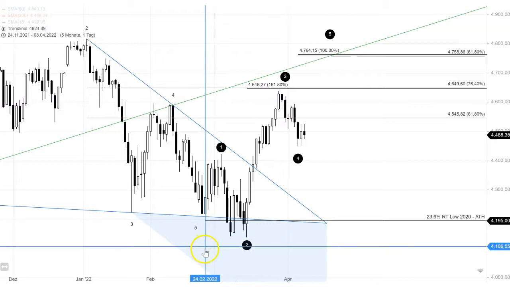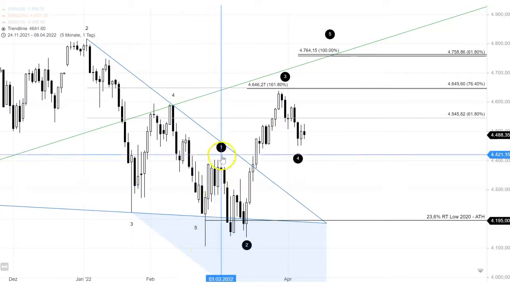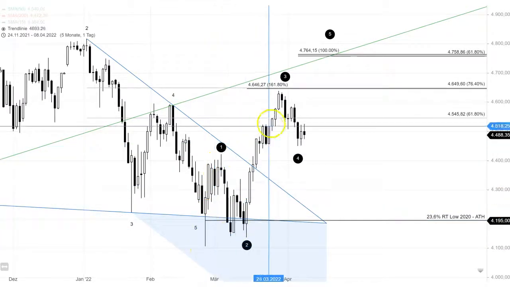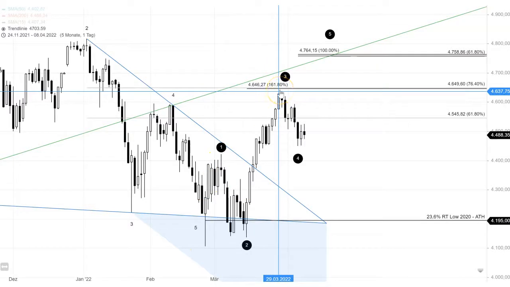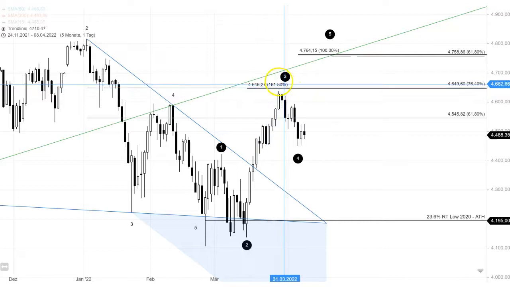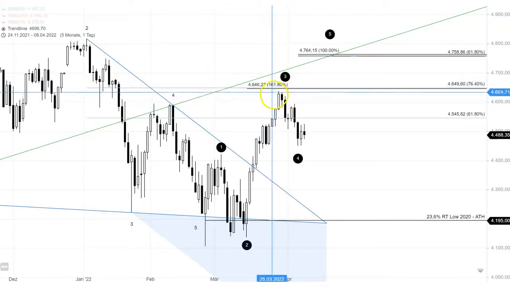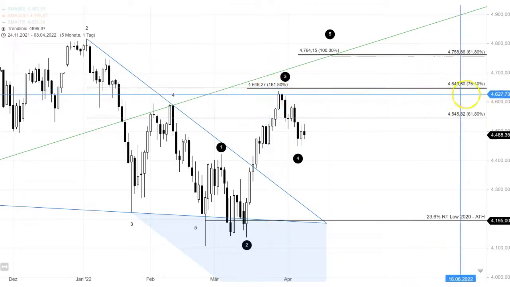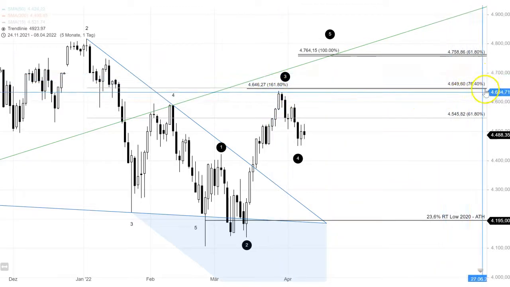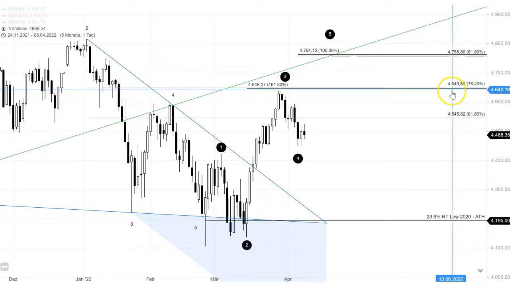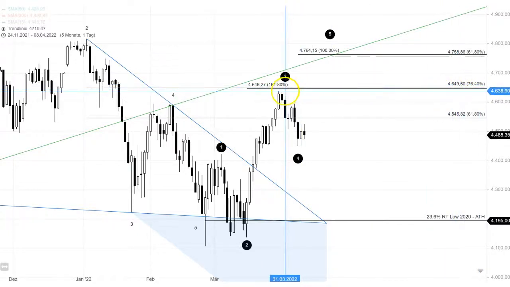And it usually hits that 161 extension from that first leg, and that was just missed out by a little bit. We just missed it out by like 8 or 9 points, that 161 retracement. Oh, extension, excuse me. And on that same level, we also had that 76.4 retracement at 4649. So that was missed out by a little bit as well.